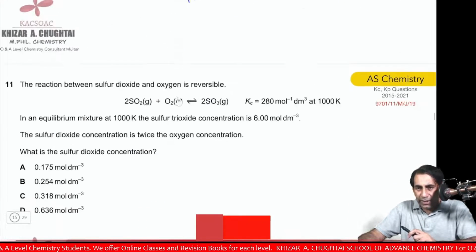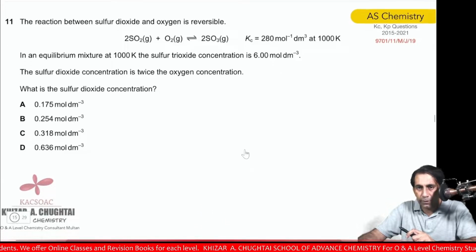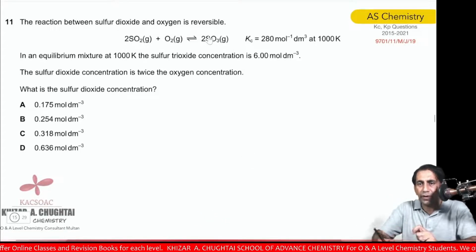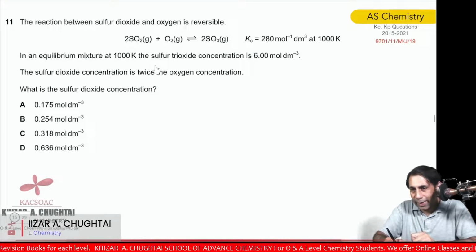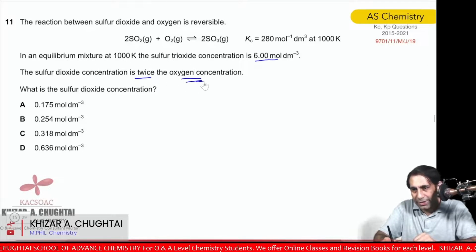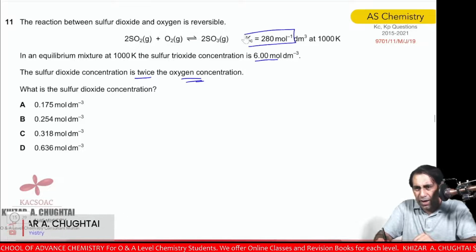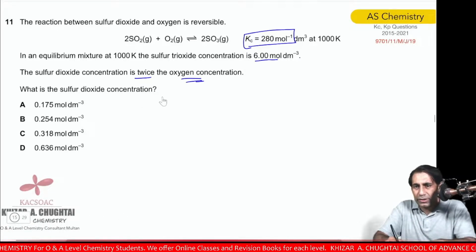The next question is this one. SO2 reacts with oxygen to make 2 mole of SO3. In the equilibrium mixture at 1000 Kelvin, sulfur dioxide concentration is twice the oxygen concentration. Once again, Kc is given. This one is an easier one. What is sulfur dioxide concentration?